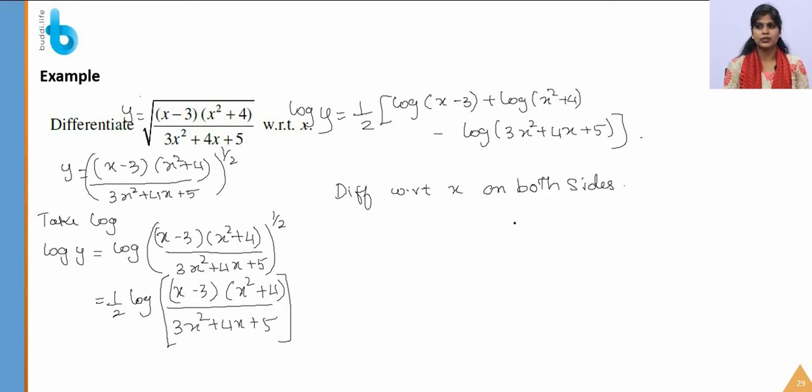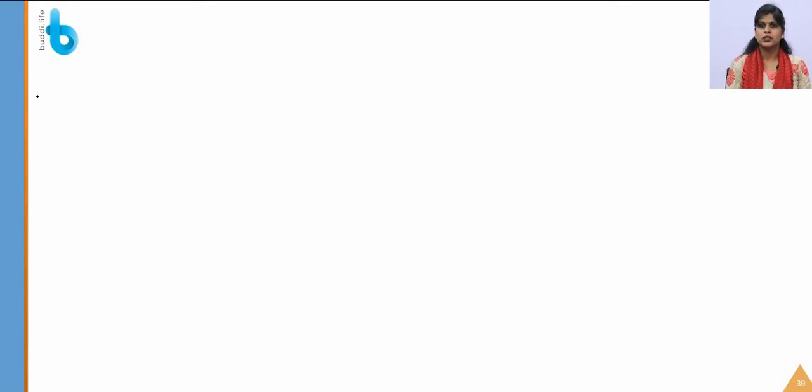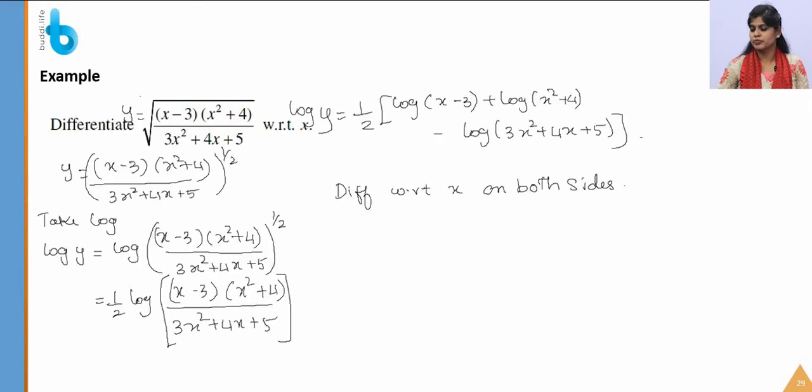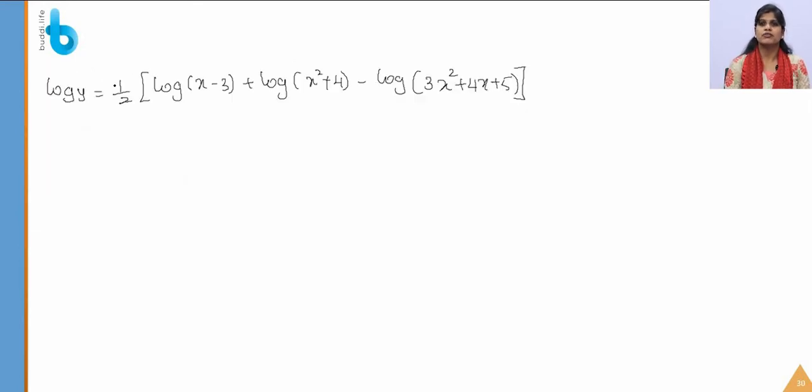We do this differentiation on the next page. What was the equation? Log y equal to 1 by 2 into [log (x minus 3) plus log (x square plus 4) minus log (3x square plus 4x plus 5)]. Let me write the equation once again.